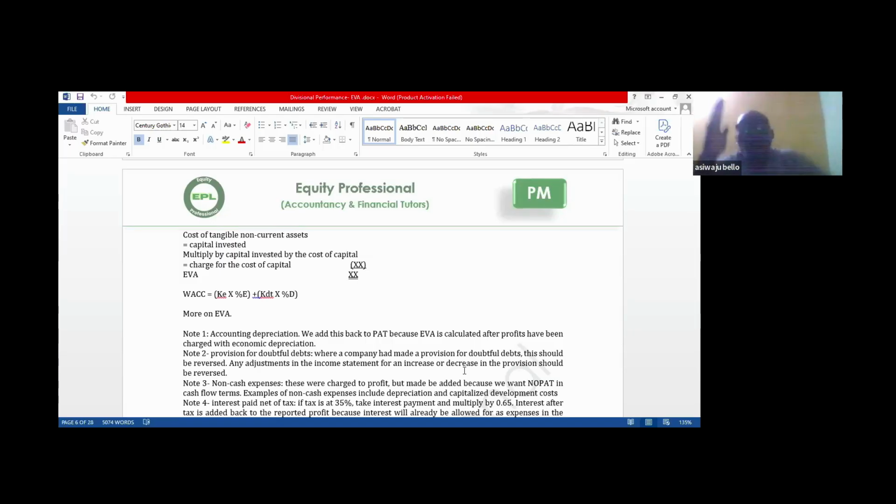These three variables are required to calculate economic value added.